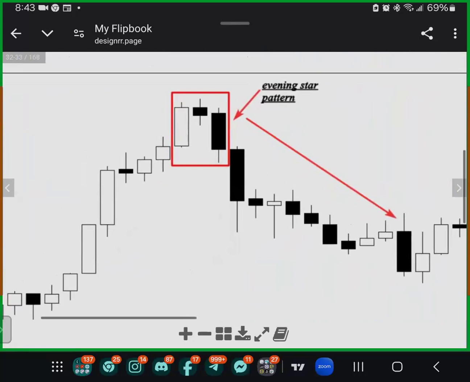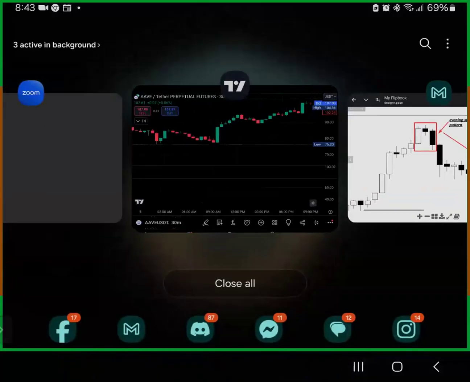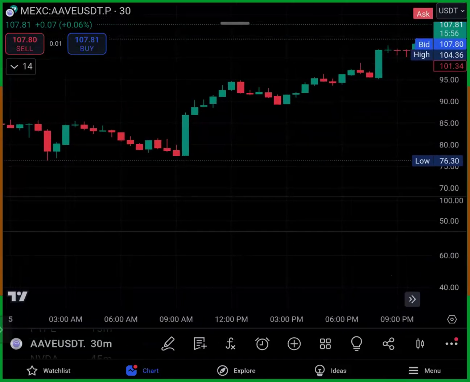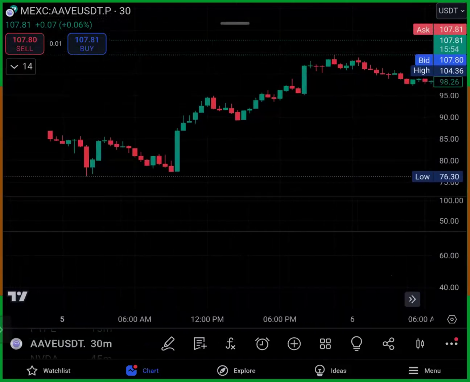Usually if it appears at the end of an uptrend, that signals that it's going down. So let's try to see if we can find the evening star on the live chart from an uptrend. So let's see.